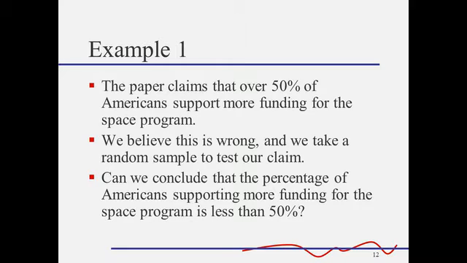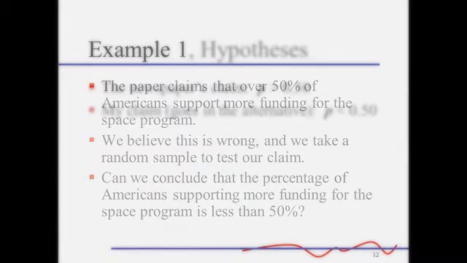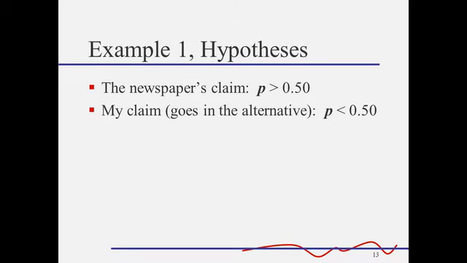The question we're trying to answer: can we conclude that the percentage of Americans supporting more funding for the space program is less than 50%? The newspaper claims that that percentage is greater than 50%, or put into math, that p is greater than 0.5.